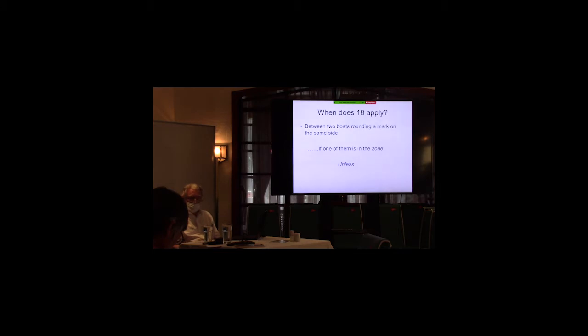So when does Rule 18 apply? Well, it applies between two boats rounding a mark on the same side if one of them is in the zone. And we'll talk about the zone in a minute, but we've got an unless, because there are some exceptions to when it applies, and we'll come back to that. But let's just talk about the zone.